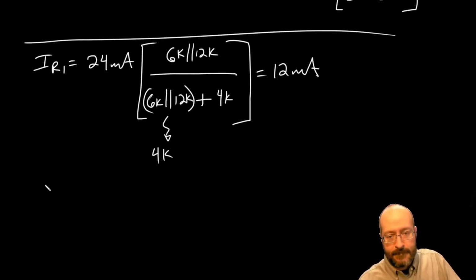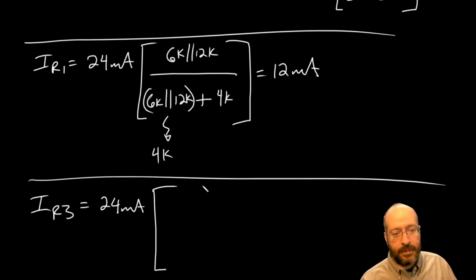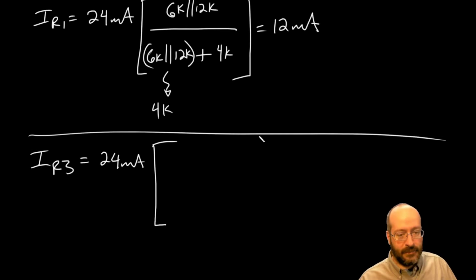All right. Last branch, IR3. That 24 milliamps is going to split again. Let's figure out what's going on here. It's going to split between the 12K and 6K and 4K in parallel.